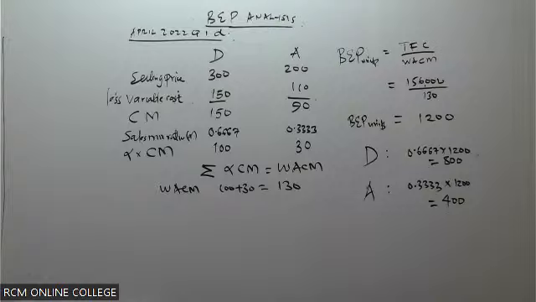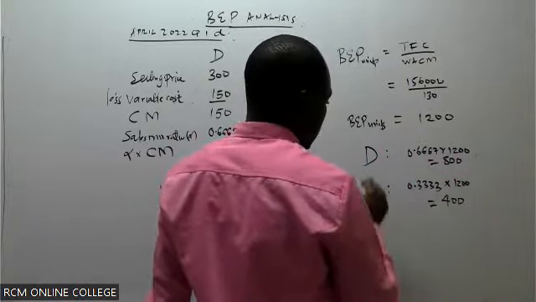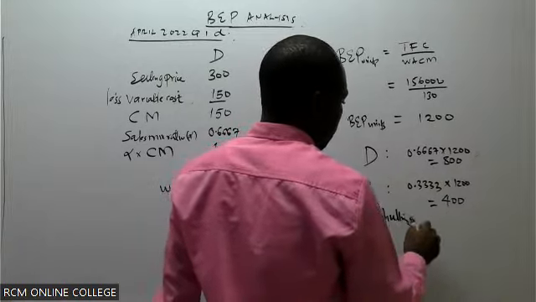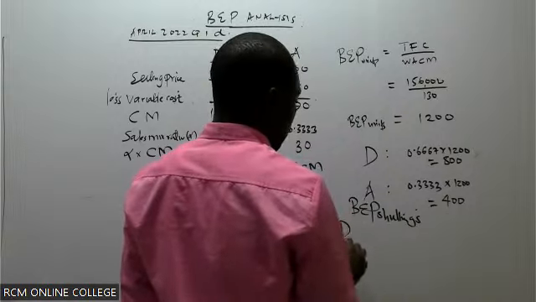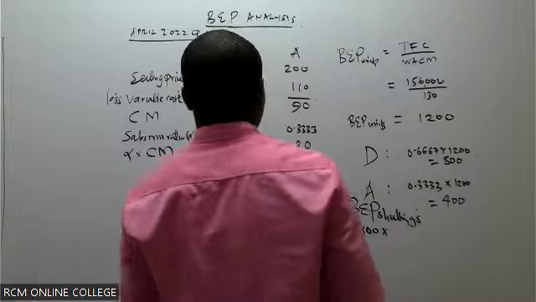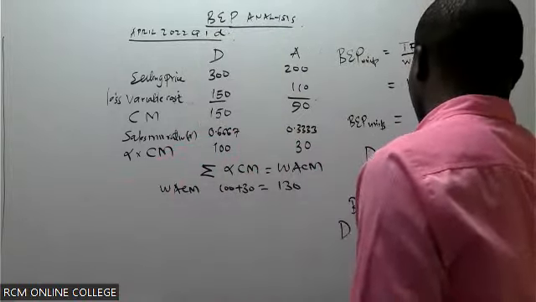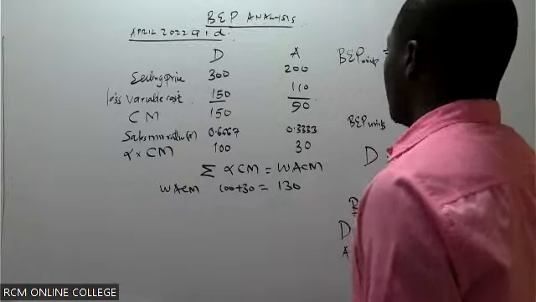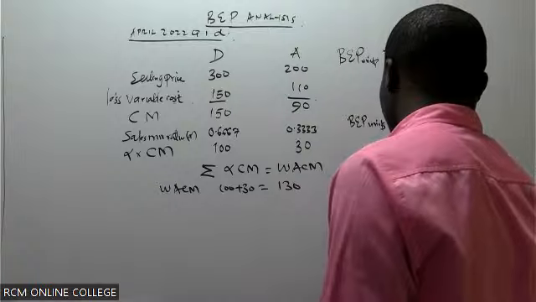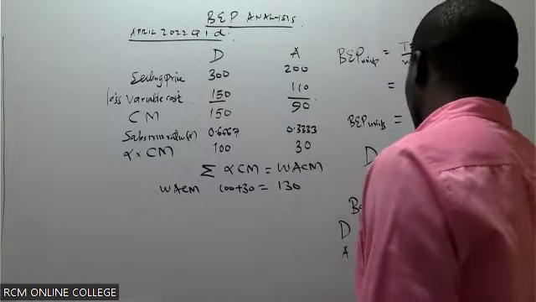Good. Go ahead and give us now the break-even point in shillings. D will be having 800 units. We multiply by the selling price per unit of D, which is 300. And then for A, you take 400 units multiplied by the selling price per unit, which is 200.